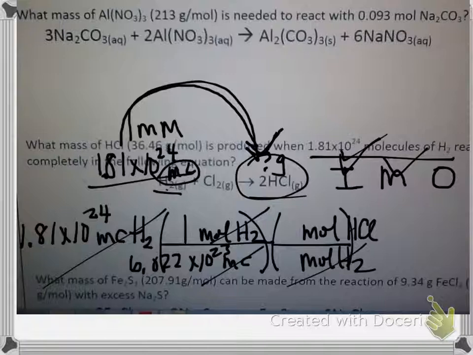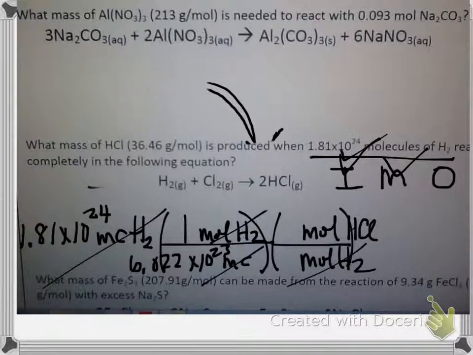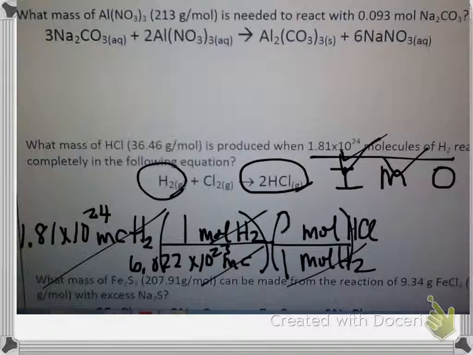I never make them big enough. Alright, so let's see here. What's the mole ratio? Let me erase so we can see. Okay, so for every 1 mole of hydrogen that's on bottom, we make 2 moles of hydrochloric acid. Okay, so there's our mole ratio. That's my mole to mole ratio.